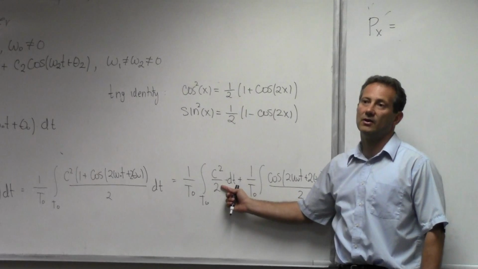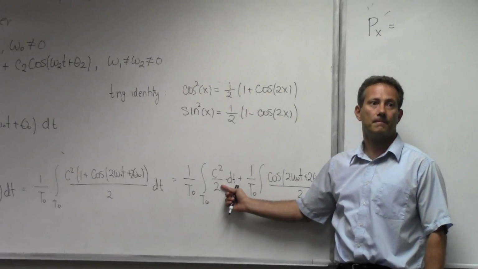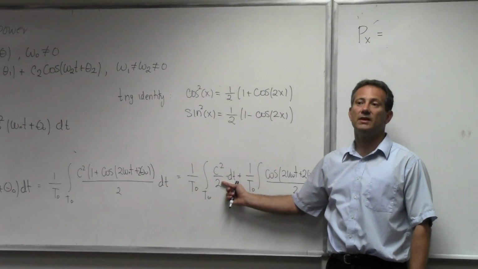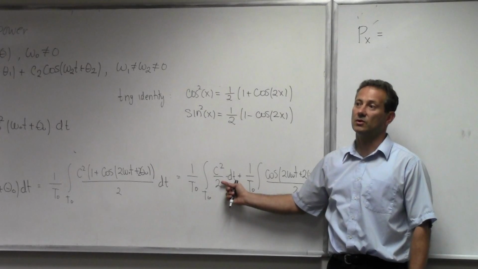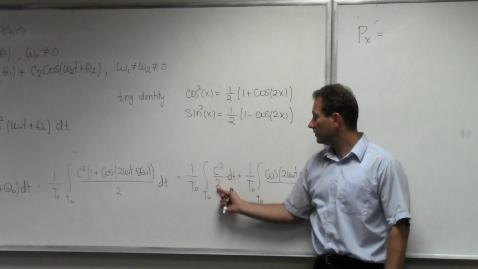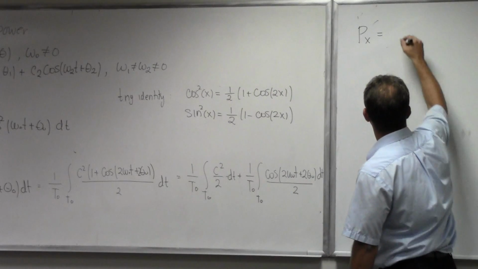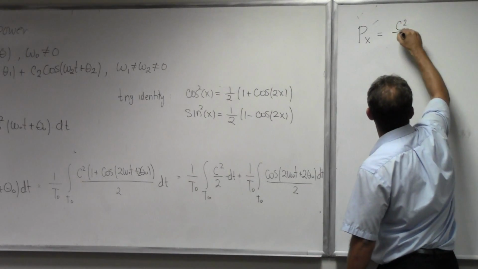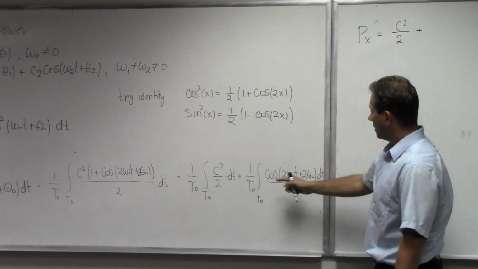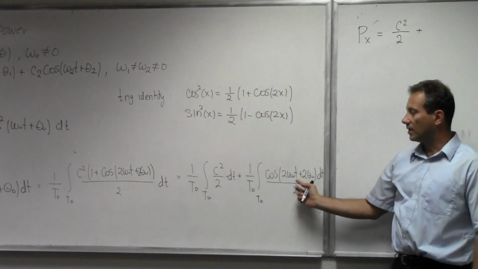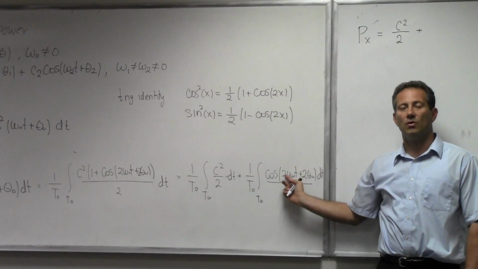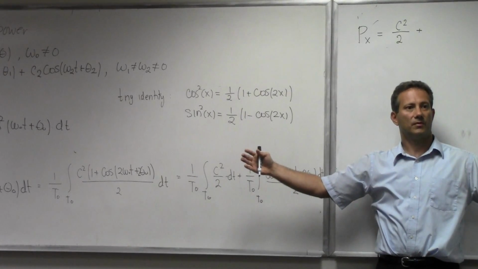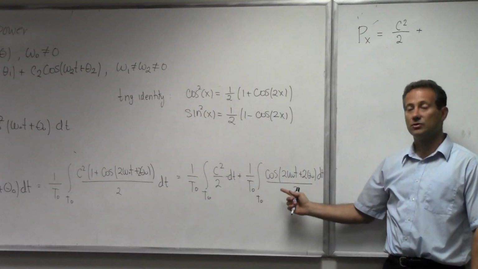What is the average value of c squared over 2? What's the average value of a constant? The constant itself. So the value of this integral is c squared over 2. Now, for the second integral, I'm looking for the average value of a cosine over 2 full periods. How do I know it's 2 periods?